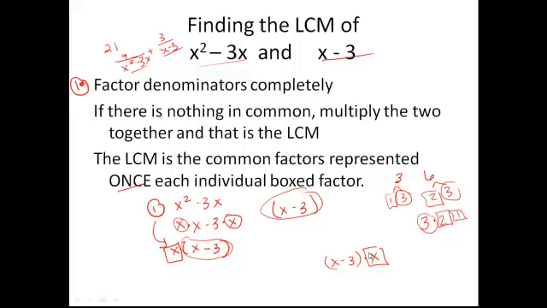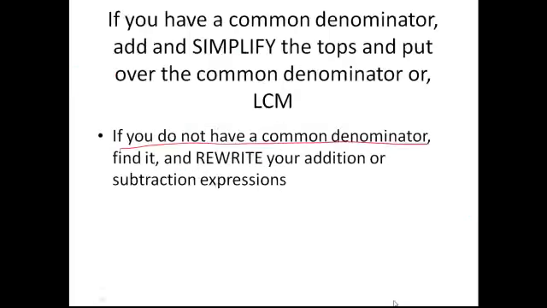Okay, so here though, what we have are, this is what was in common, and this is what's boxed. So our LCM in this case is x minus 3 times x. Okay, so now we need to, going back to this slide, rewrite our addition and subtraction expressions. So I'm going to have to rewrite this here, 21.